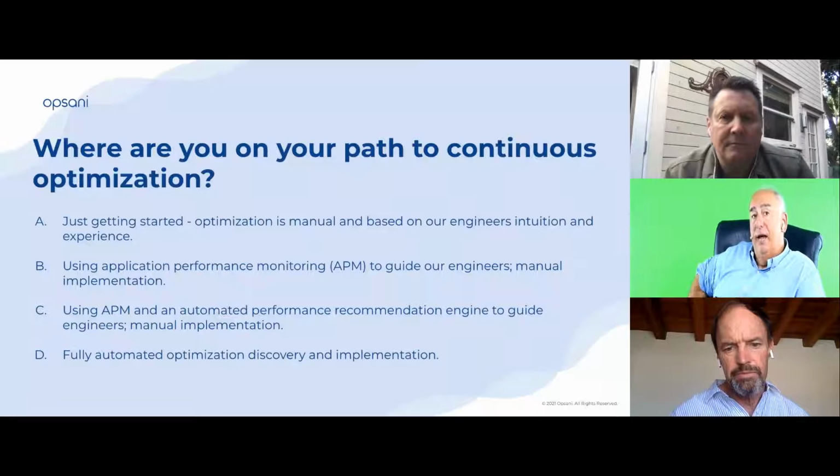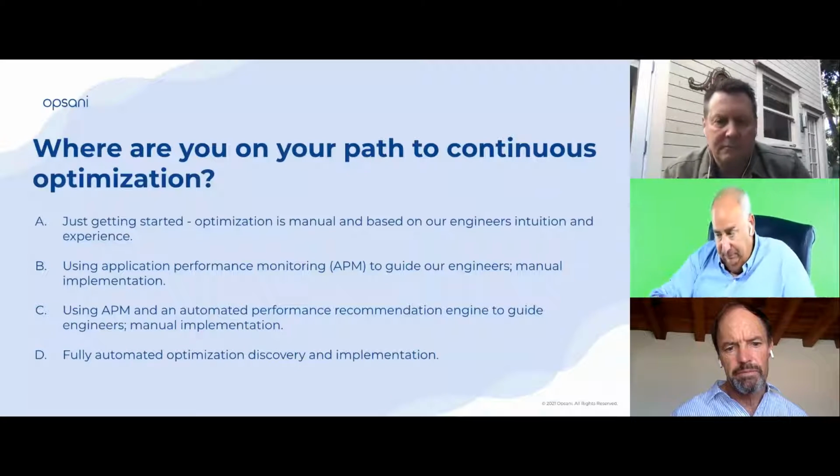C, using application performance monitoring and an automated performance recommendation engine to guide your engineers, but yet again, it's still a manual implementation. Or D, your fully automated optimization, discovery, and implementation.